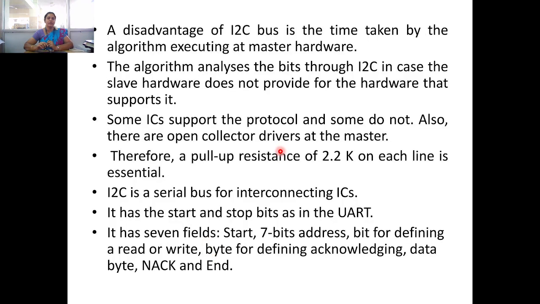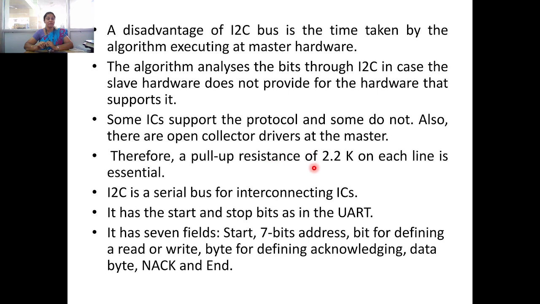There are many advantages in the I2C bus, and specifically a disadvantage is in the forward path from the master. Some time is taken to run the process given by the algorithms, and it interconnects all the ICs.